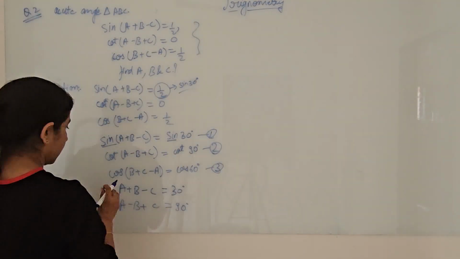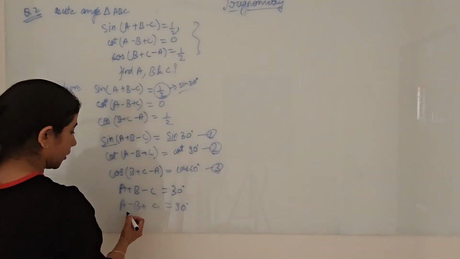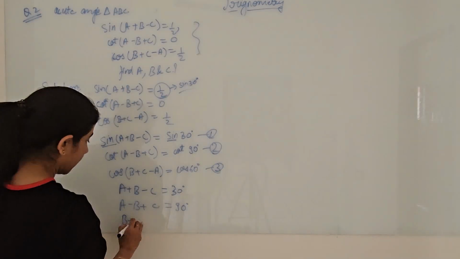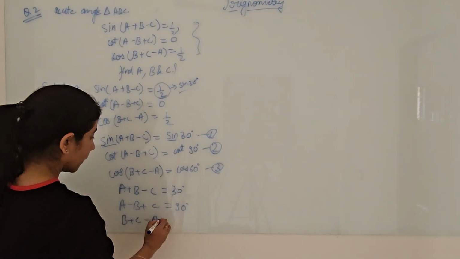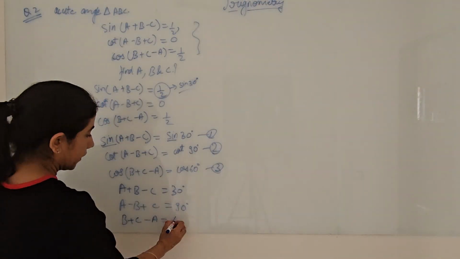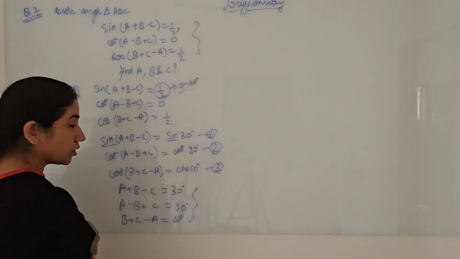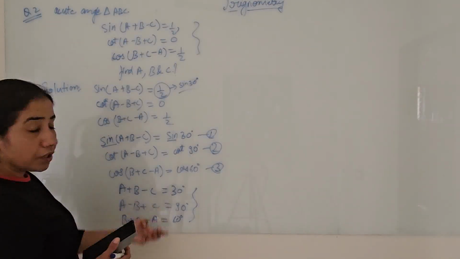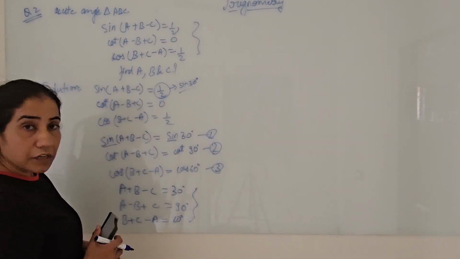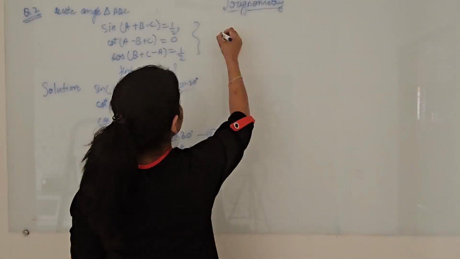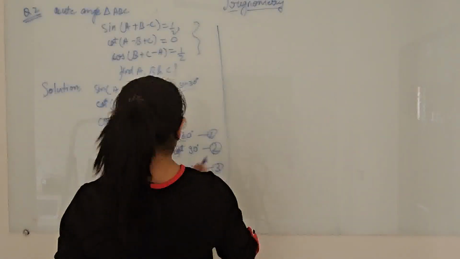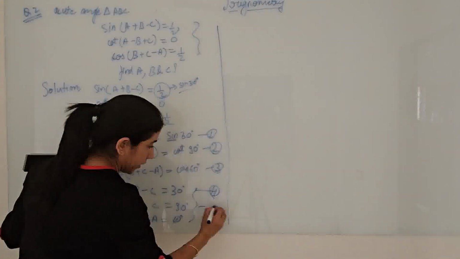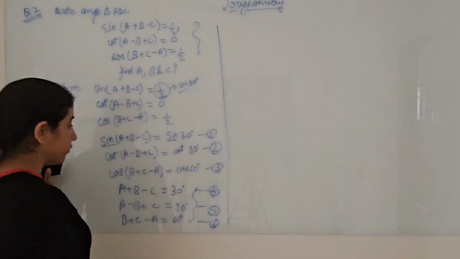What I got: A plus B minus C is equal to 30 degree, A minus B plus C is equal to 90 degree, and the third one is B plus C minus angle A, I will be getting 60 degree. So these three relationships I have got, right? Three variables, three equations. Let's find the value of each variable. Now I'll mark these equations as 4, 5 and 6 respectively.